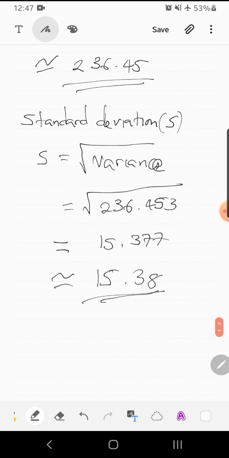Okay, and finally we compute the coefficient of variation.